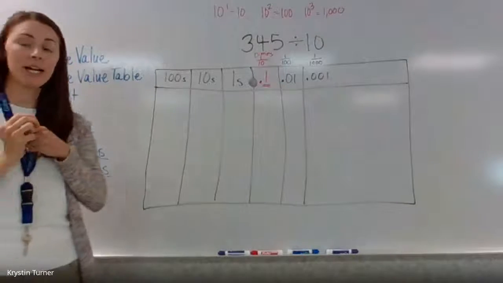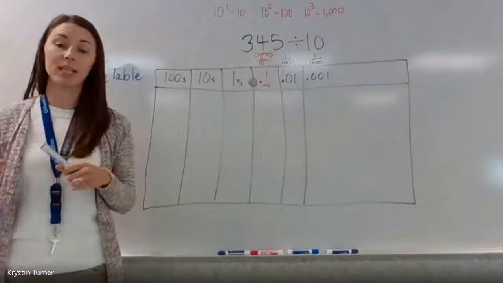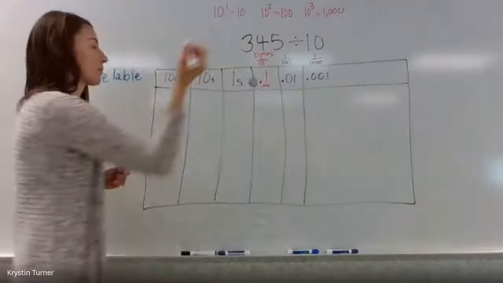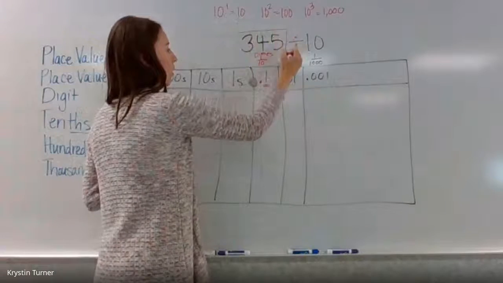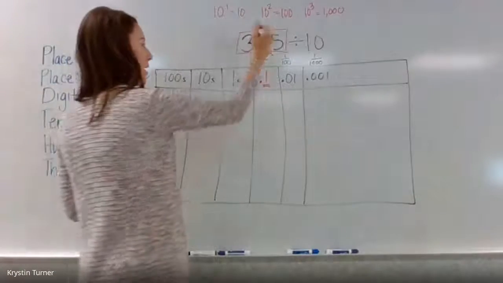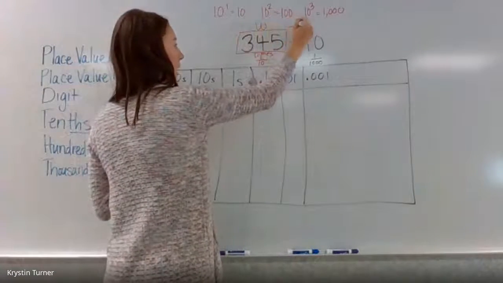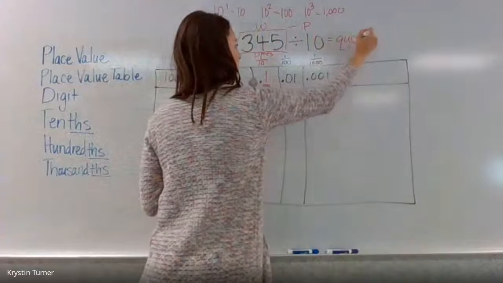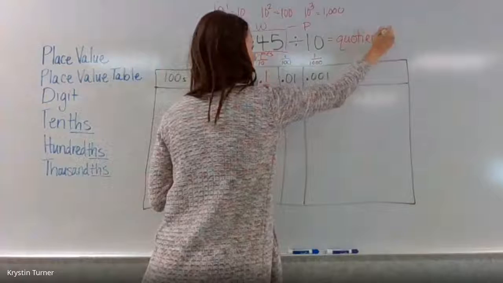Okay, so 345 divided by 10. So what we're going to first do is we're going to place our whole. So in a division problem, we have a whole divided by a part, and that's going to equal our quotient, or the answer to our division problem.